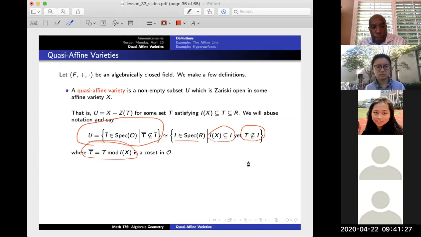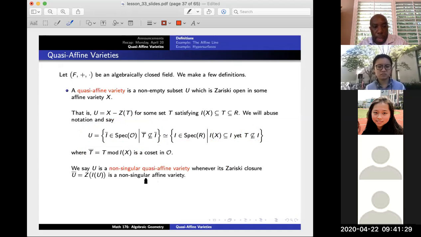So now we can make some definitions just like before. We have a non-singular quasi-affine variety whenever the Zariski closure is a non-singular affine variety. To compute the Zariski closure, just like before, I have some set U. I can talk about the ideal of U, just like the zero sets, because remember that we're dealing with this here.